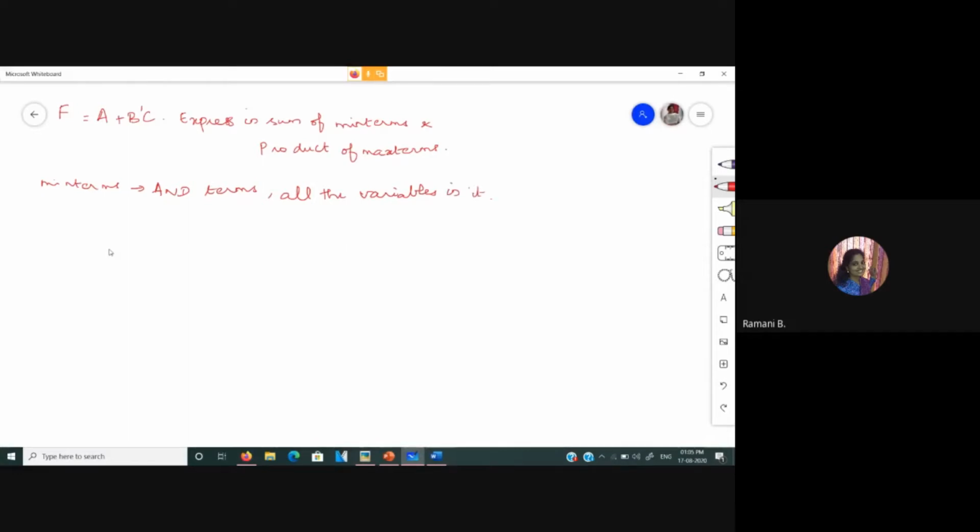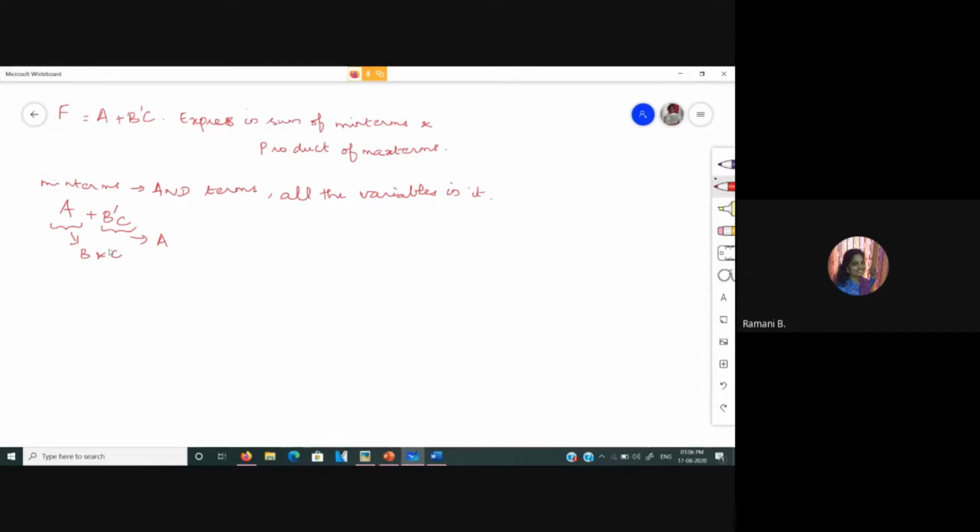So now how can we express this given expression, that is a plus b bar c, as sum of min terms. Here the first term a, if you check, you have the variable a alone. B and c are not there. And in this second term b bar c, you have the term a missing in it. So we need to include all these and then express it in the sum of min terms form.